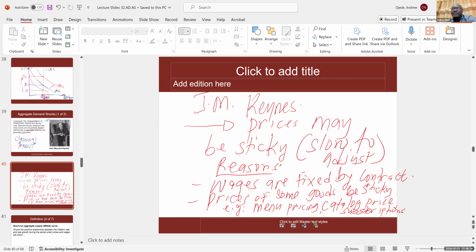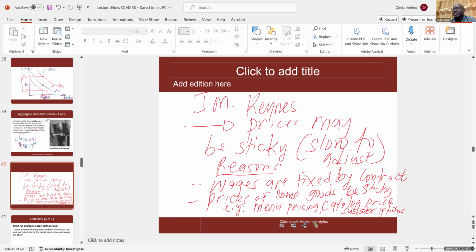So Keynes says, even if you own a restaurant in San Marcos, even though your cost may be going up every day, you're not going to be translating that to changing the price on the menu every day. First of all, it costs money to print new menus. Secondly, the reason why restaurant owners sometimes are sluggish at changing prices on the menu is that they fear losing their most loyal customers.